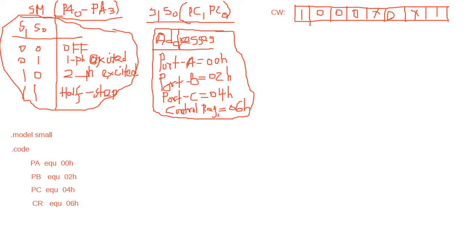If the don't care cases are 0, then it becomes 81H. If the don't care cases are 1, then it is 8B.